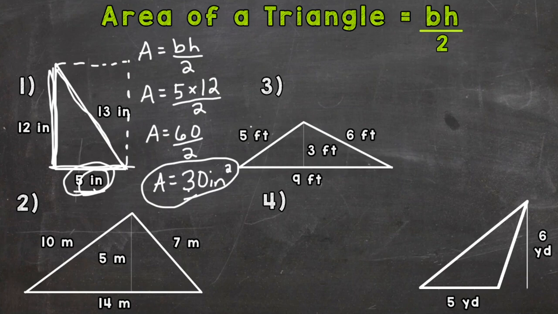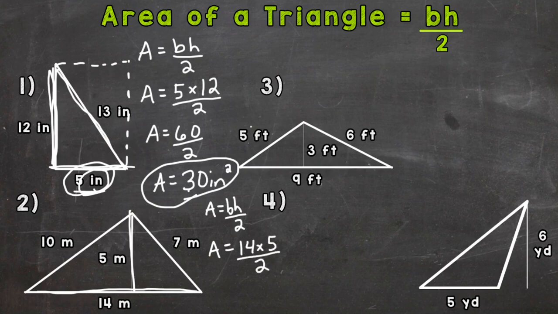So let's go to number 2 here. And we start by writing out our formula. Area equals base times height divided by 2. Now we plug in. Area equals base is 14 meters here times the height of 5 meters. We do not need the 10 or the 7. And then we need to divide by 2.